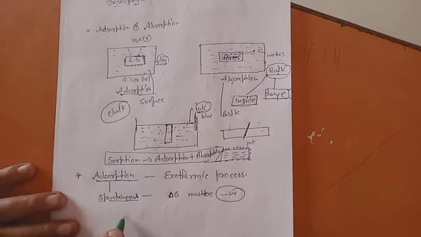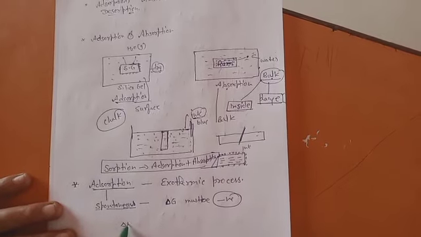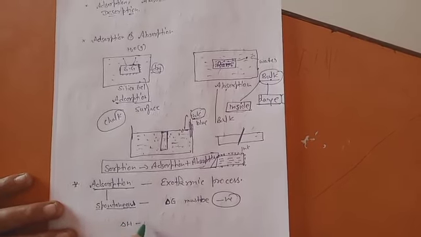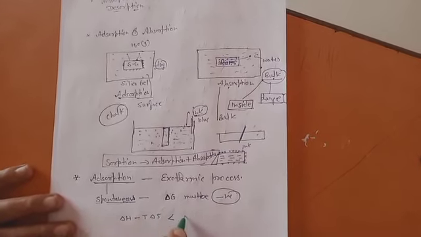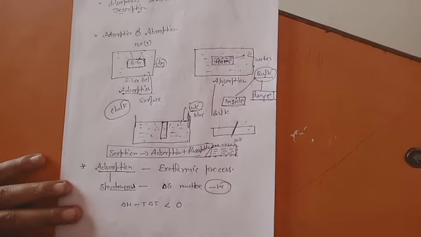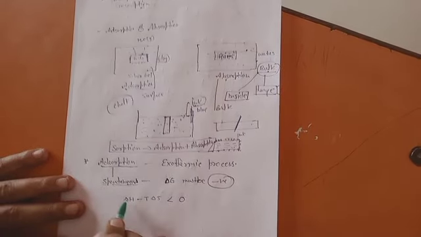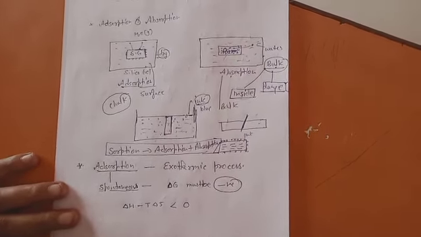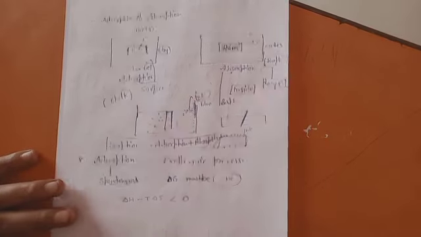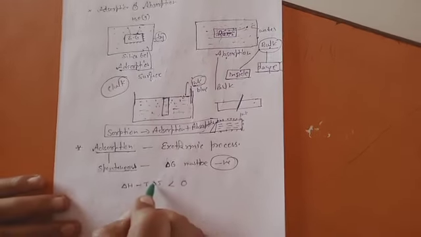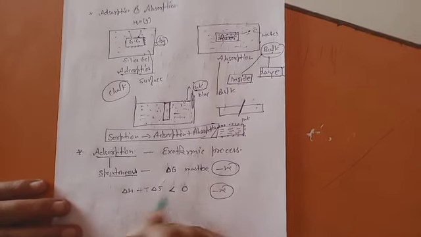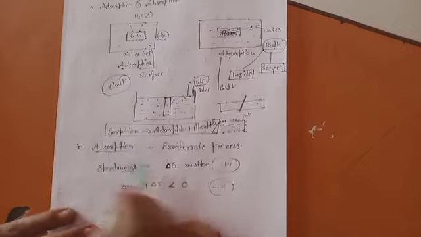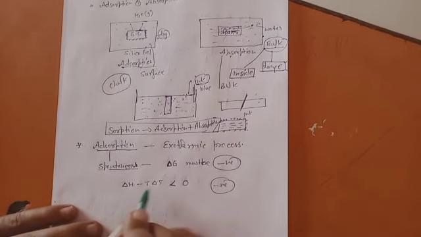Now if delta G is negative, it means this term delta H minus T delta S should be less than 0, meaning negative. Now how will we prove that adsorption is negative? Pay attention.